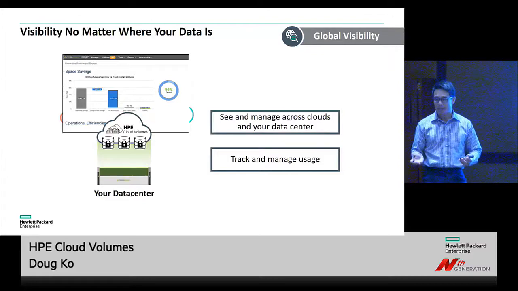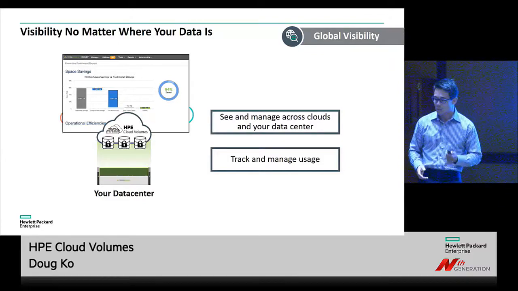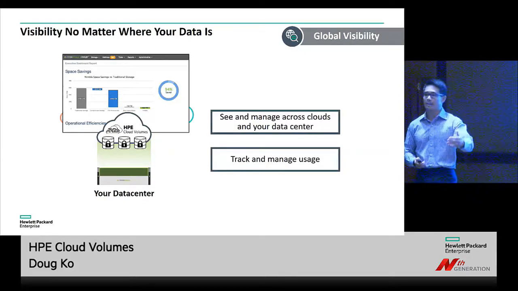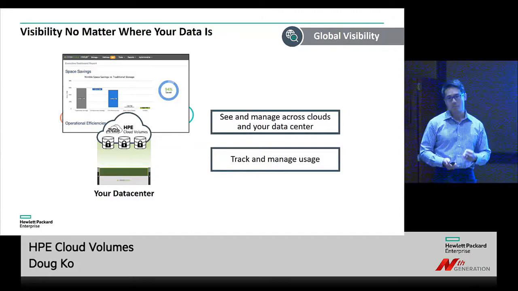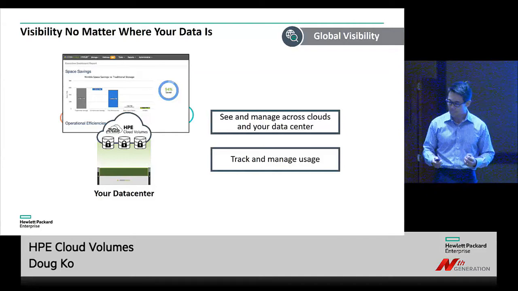The second point, which I alluded to at the beginning, is tracking and managing usage. In the demo, as you deploy volumes and make changes, all the information around costs and usage is shown to users right away, so there are no surprises when they get their bill.